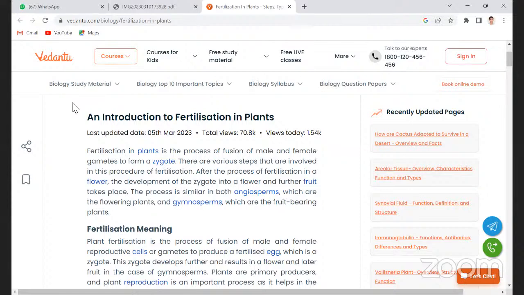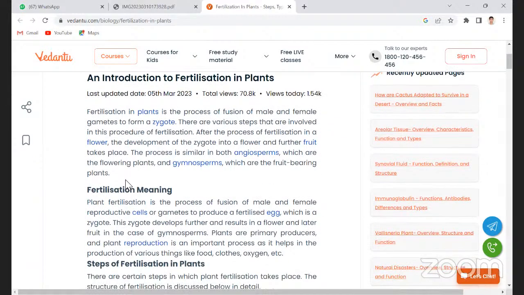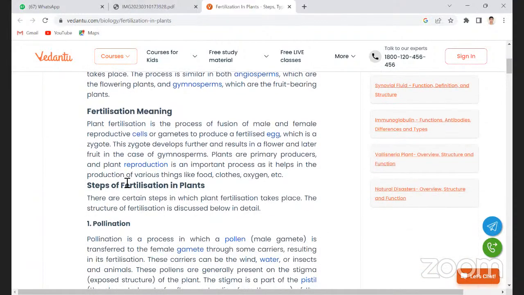So what is the detailed meaning of fertilization? Plant fertilization is the process of fusion of male and female reproductive cells or gametes to produce a fertilized egg, which is a zygote. This zygote develops further.